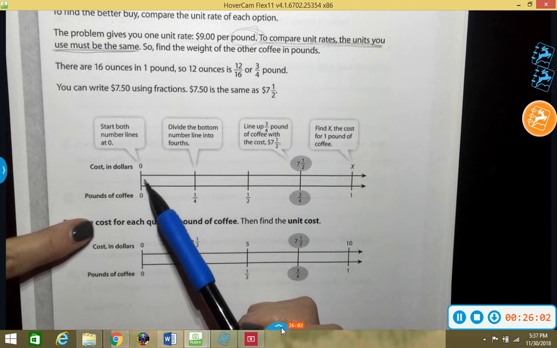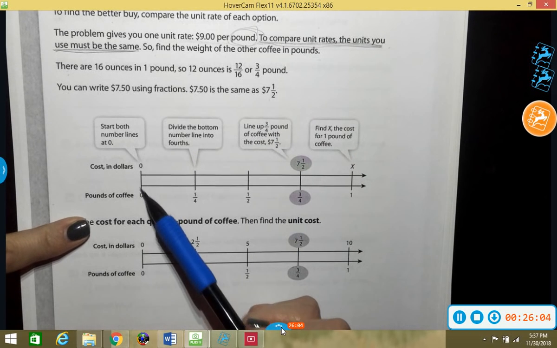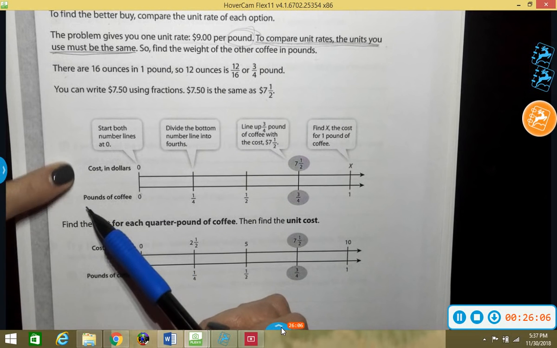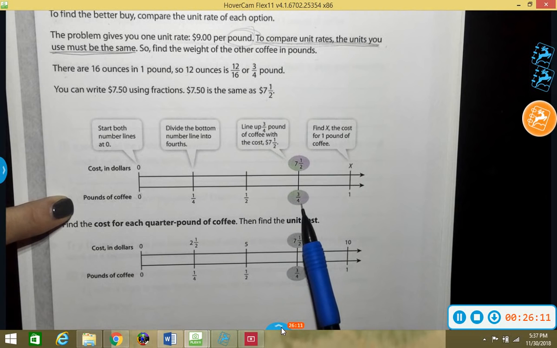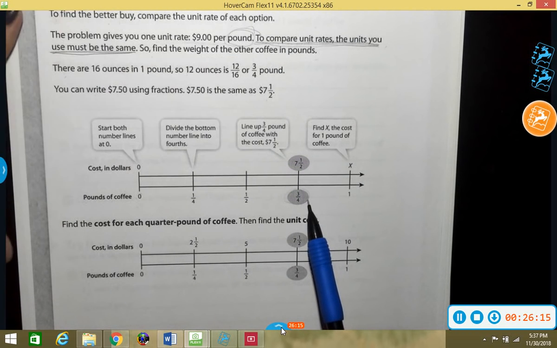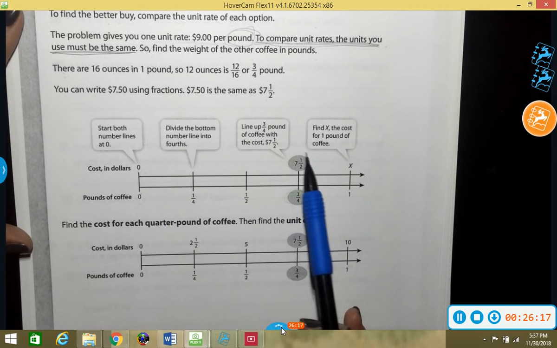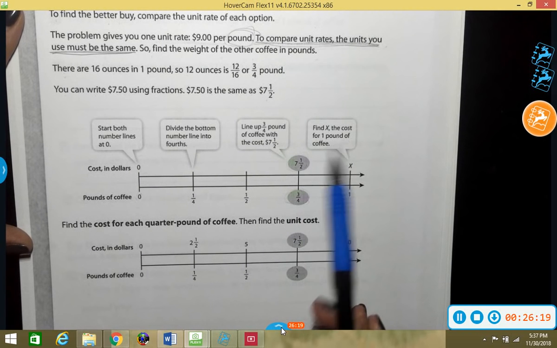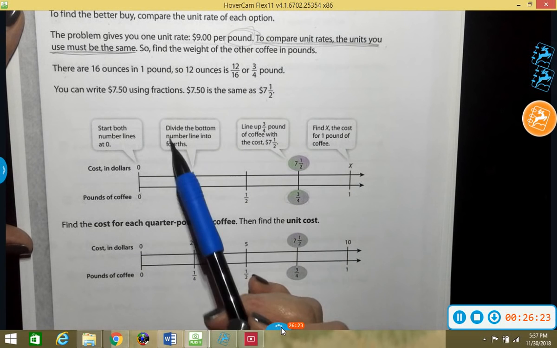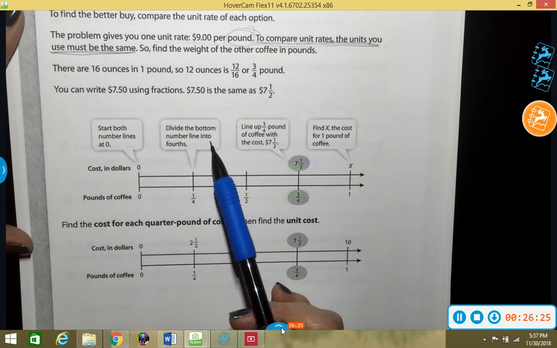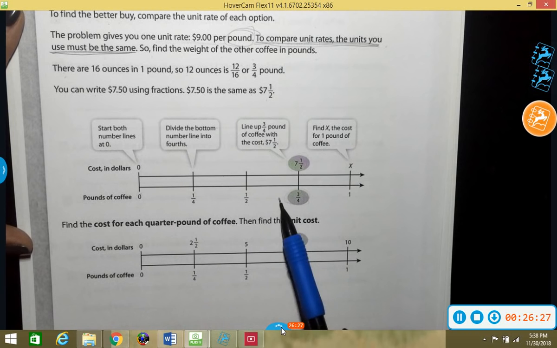Okay, so again, we're starting both number lines off at 0. So the cost in dollars versus the cost, or the pounds of coffee. So we knew 3/4 of a pound, which we found up here. 3/4 of a pound was $7.50. And so they've broken it down into fourths. It says divide the bottom number line into fourths, which is what they did.